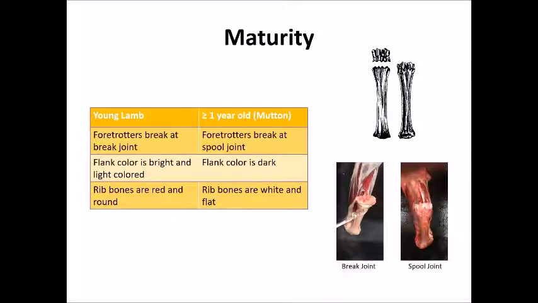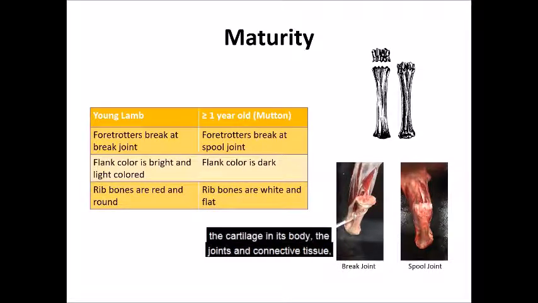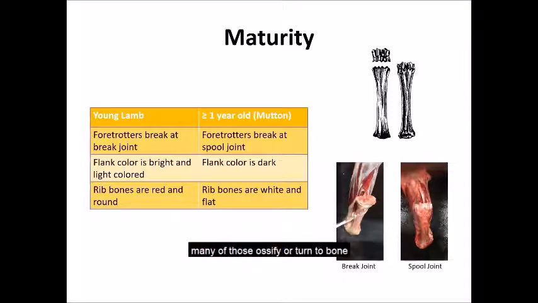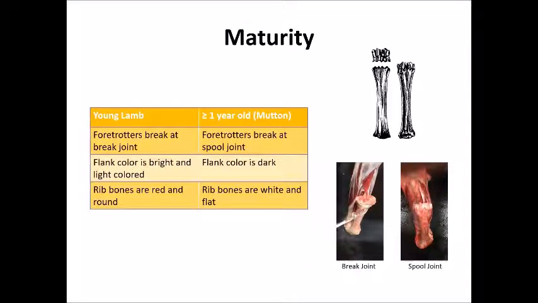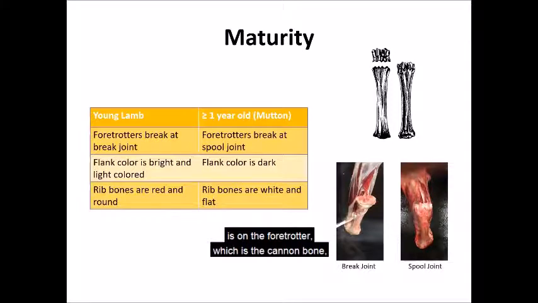But as an animal gets older, cartilage in its body, the joints, and connective tissue, many of those ossify or turn to bone over the course of their lifetime. And one of them that's handy for evaluating maturity, happens right around a year, is on the foretrotter, which is the cannon bone of the front leg.